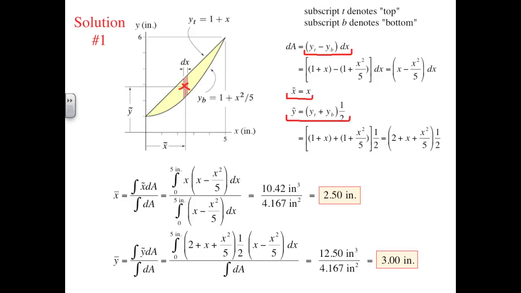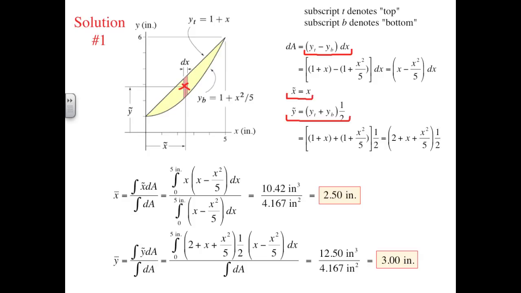From here, it's just a matter of substituting the expressions in x into the integrals and evaluating them. All of these expressions are polynomials, so they are easily integrable. The numerator and denominator of x bar are both quite straightforward, and they have these results.